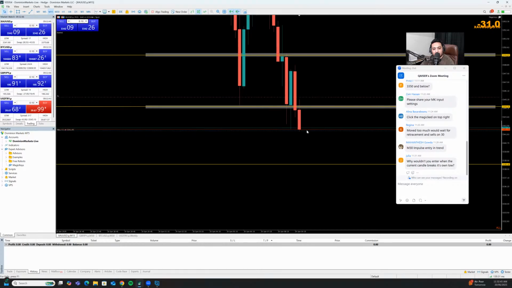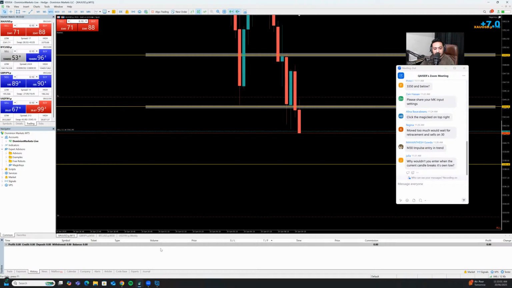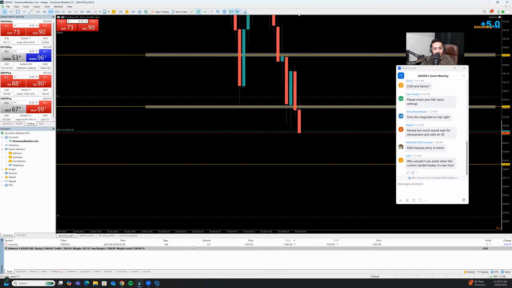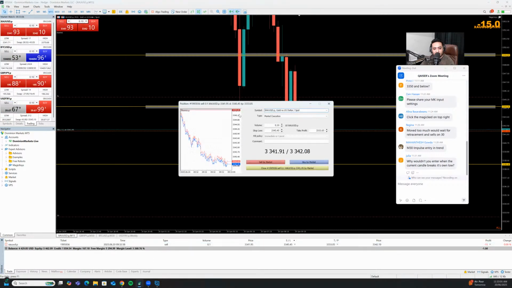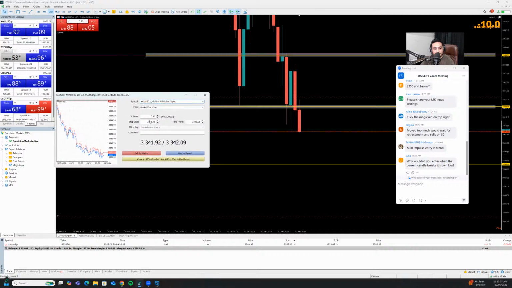Here is the stop loss. Now I just need volume to go in my favor. Okay, I think there is a possibility it could drop, but at the same time I will manage the risk.